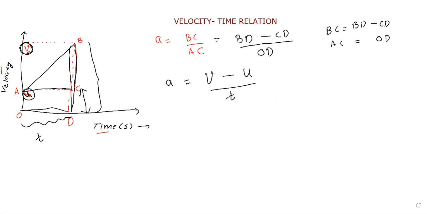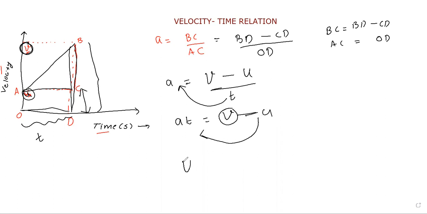Then we can take t to the left side, so the division becomes multiplication. So it is a times t equals v minus u. Clear? To calculate v, take minus u to this side.